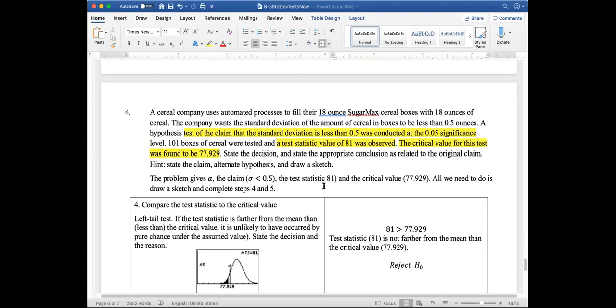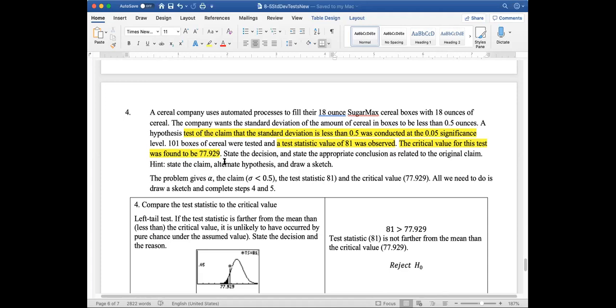Now, don't confuse the significance level of 0.05 with the value in H0 of 0.5, okay? So we've got an assumed value of sigma as 0.5, but we've got a significance level of 0.05.